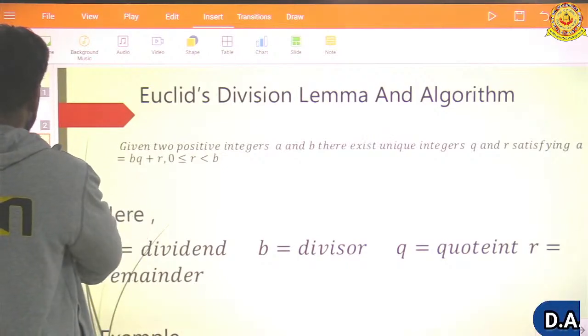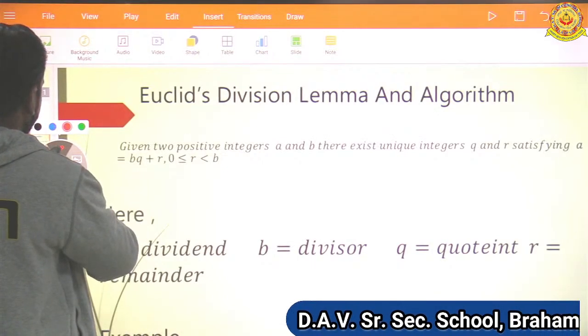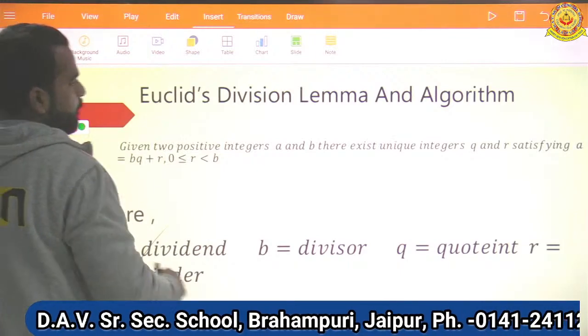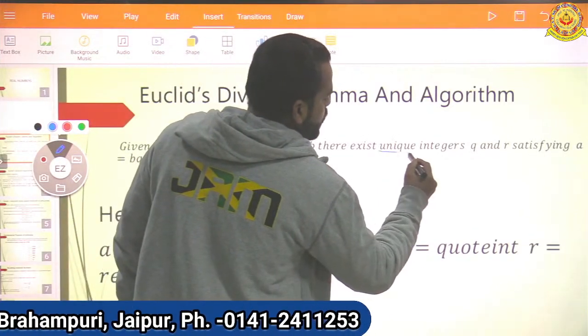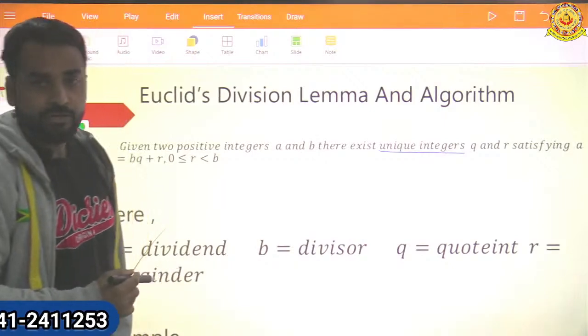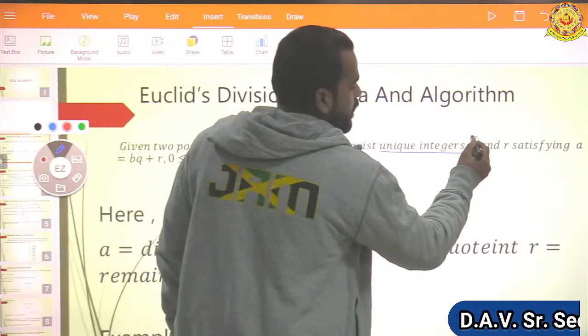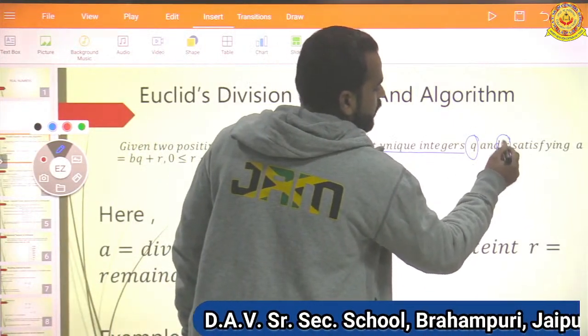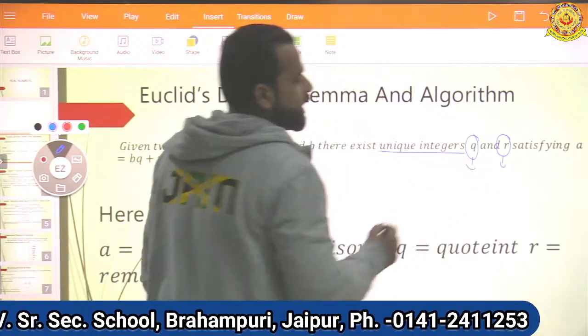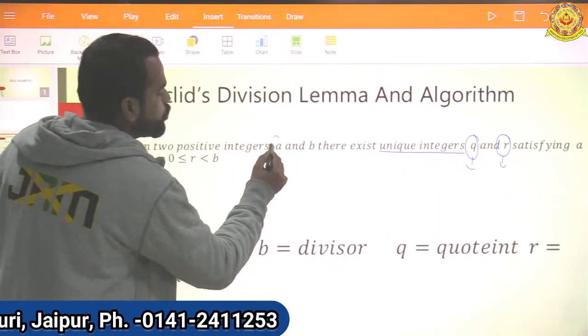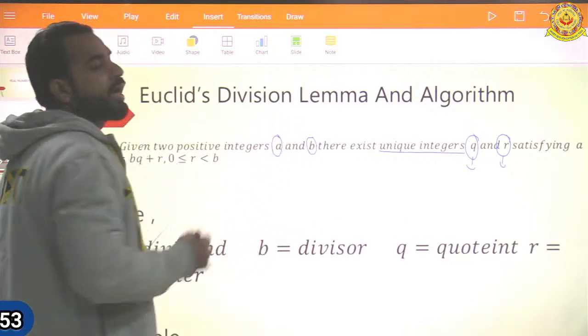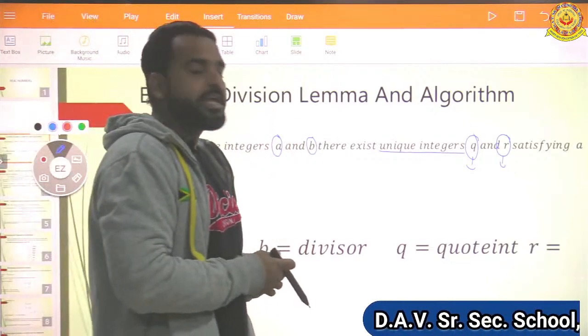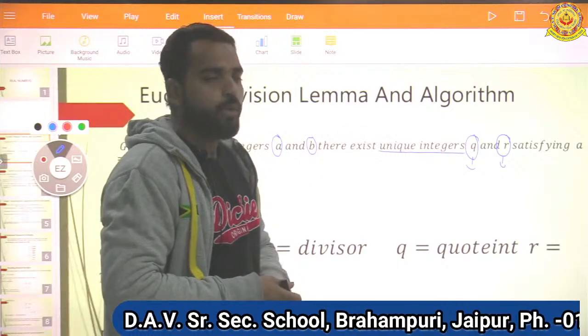Look at this, may I highlight it? These are the unique integers, right? So that means they are q and r, not other than that. It will be fixed for any two positive integers a and b: the unique integers q and r exist.